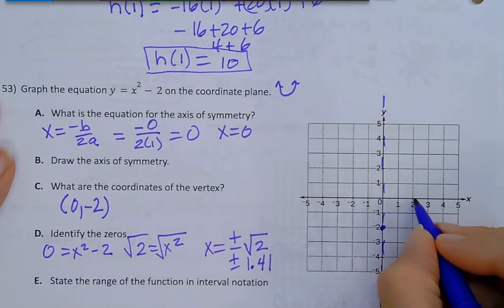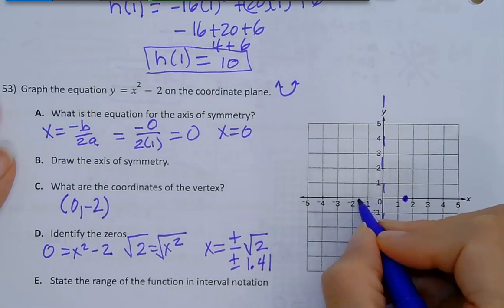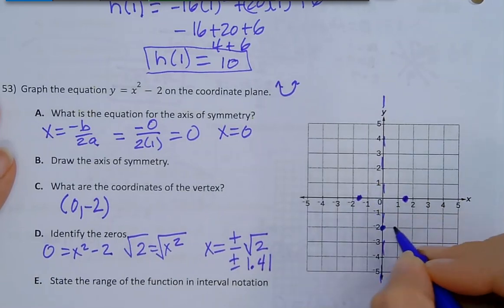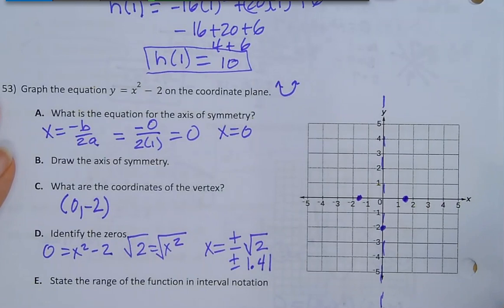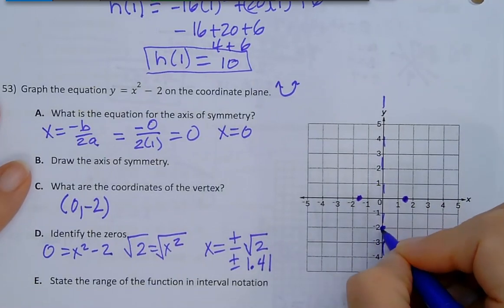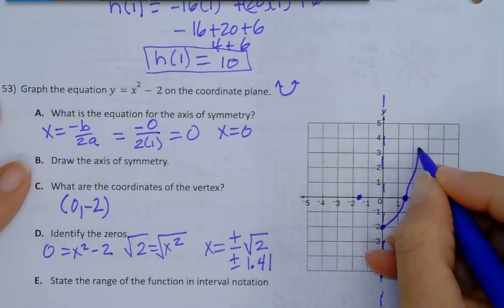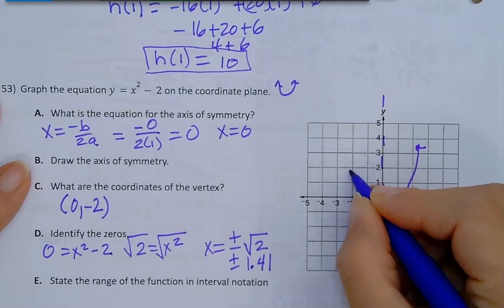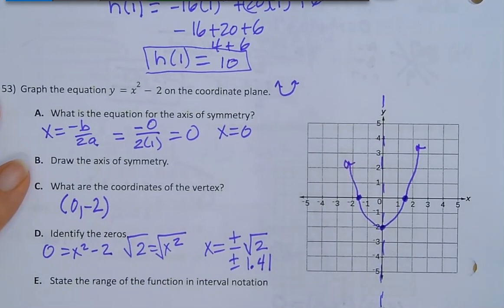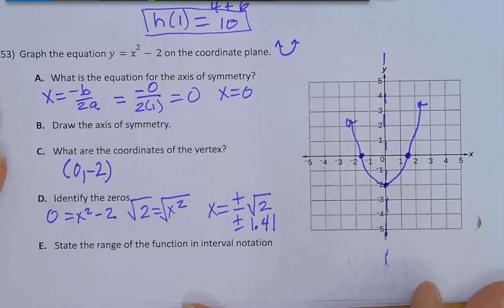Okay, so at 1.41, I have a 0, and at negative 1.41, I have a 0. Okay, if I wanted to, I could also do an XY table, but I know we're going to be coming along like that.